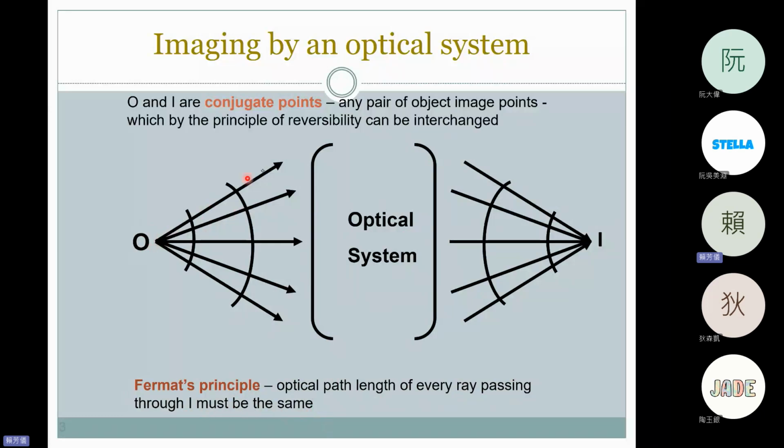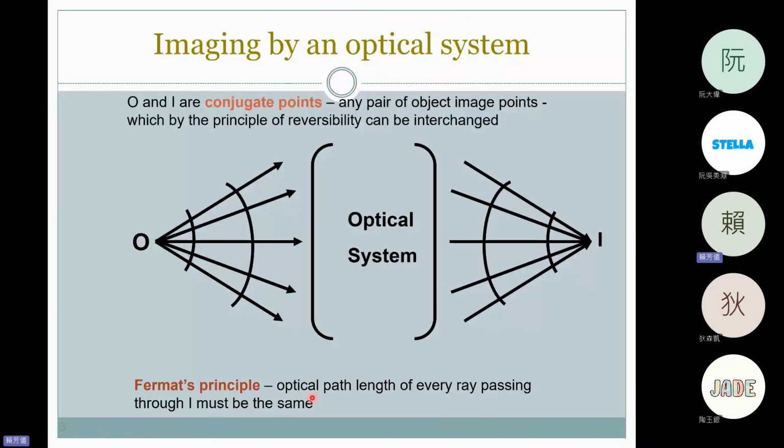That means every light emitted from the object and passing through the optical system will reach the image point at the same time. So the time must be the same.